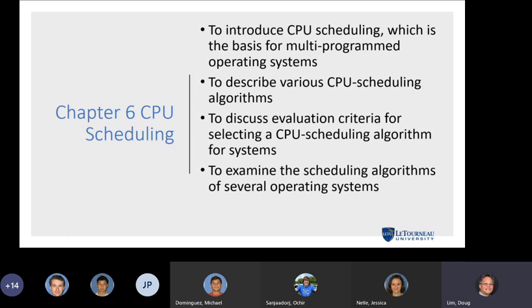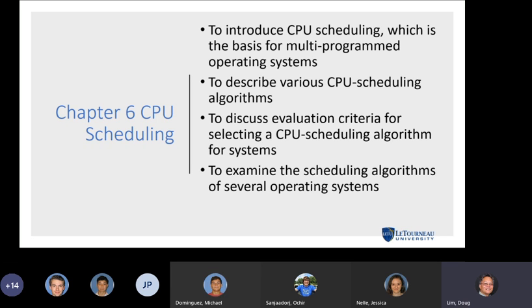Chapter 6 is on CPU scheduling, and the basic goal is to introduce CPU scheduling, what types of algorithms are used for determining which processes are running on a multi-programming operating system.